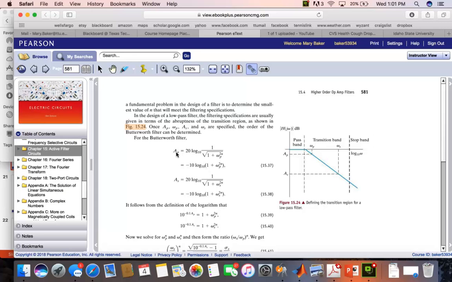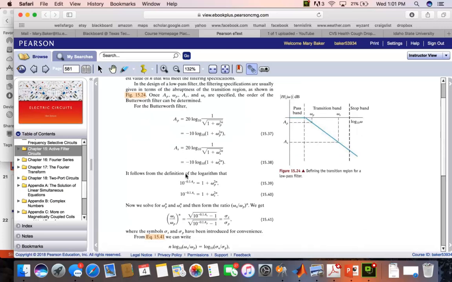And at point AP, that occurs at this frequency omega P. At frequency omega S, we would have AS, where AS and AP are in dB. So then, using the definition of the logarithm, we can take 10 to the power minus 0.1 AP and 10 to the power minus 0.1 AS and express them in terms of omega P and omega S.